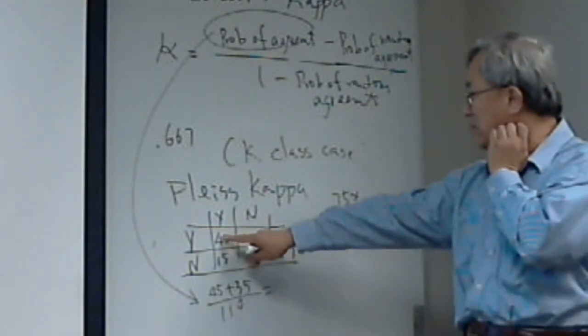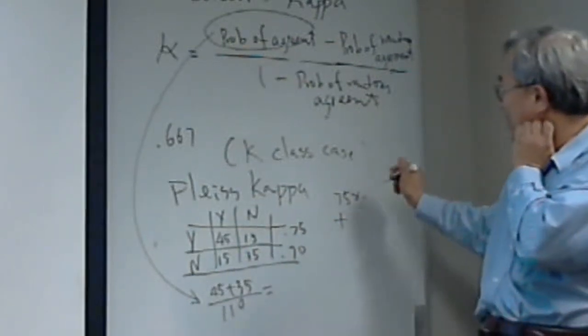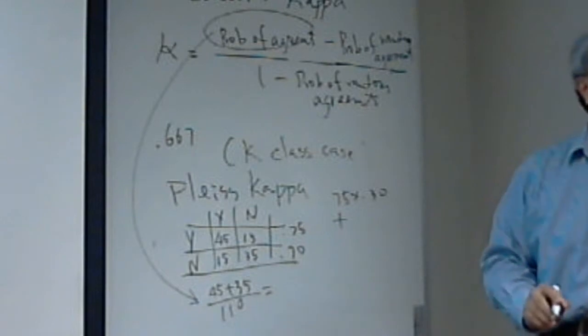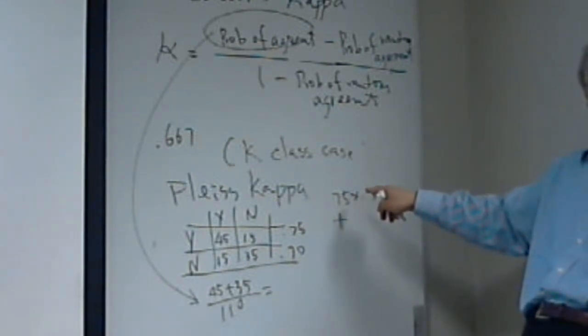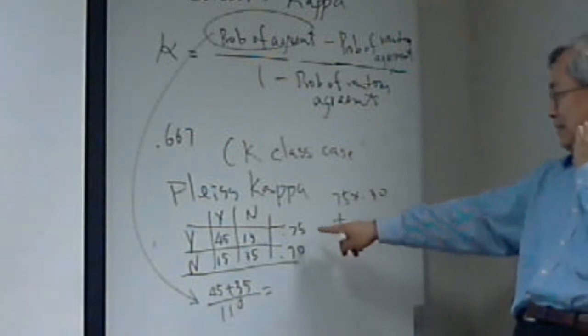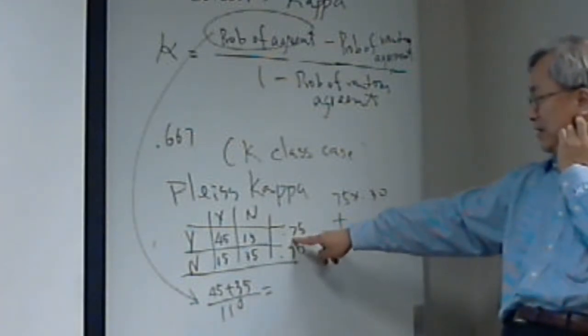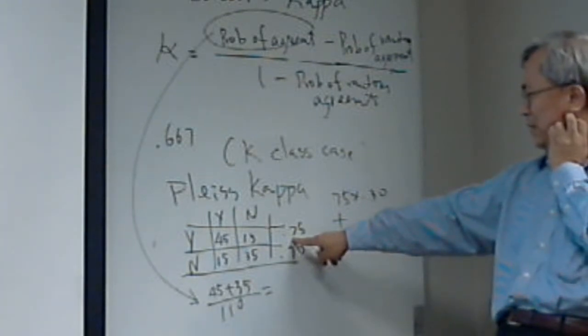The chance the first one says yes is 0.70, the chance the second one says yes is 0.30, sorry. I got this wrong. And what is the chance they both say no? I'm not trying to do it here.